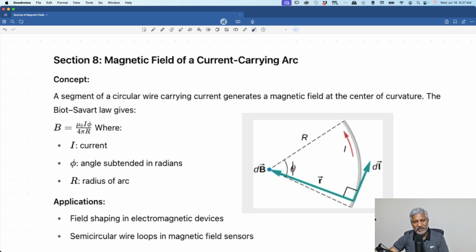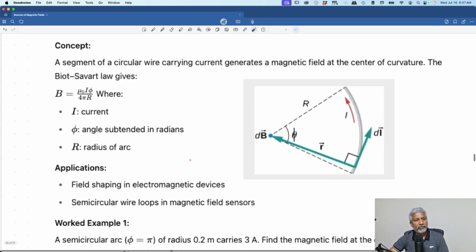In the diagram it was theta, I've changed it to phi. So phi is that angle. So when it becomes a complete loop, phi becomes 2 pi, right? Phi becomes 2 pi, and that's why the 2 pi and the 4 pi cancel out, giving you 2. So it's useful to remember this formula, which is applicable in the case of an arc.